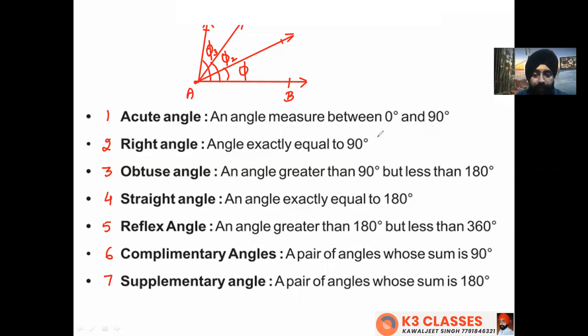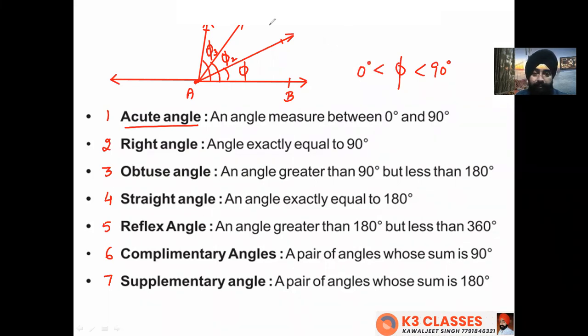Now, when the phi value is greater than 0 degree and less than 90 degree, we say the angle is an acute angle.